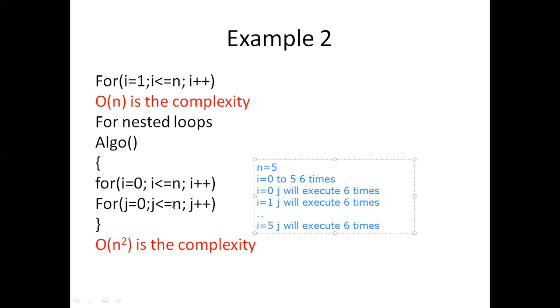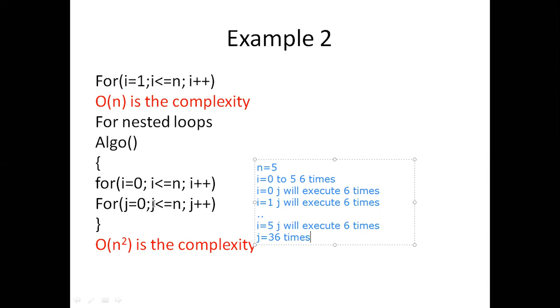So we need to take the worst complexity, that means the highest one. That means n square, which is 6 square, equal to 36, 6 into 6. So 36 times it will execute for a nested loop.